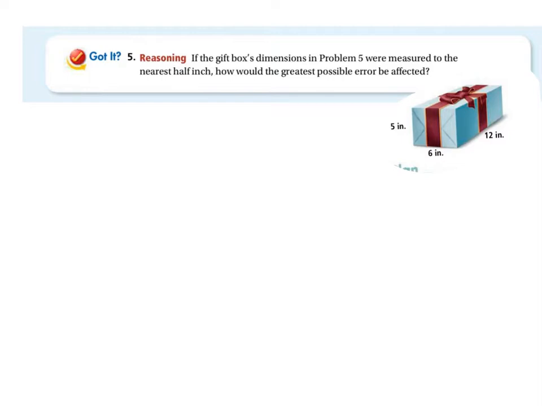And so the answer would be that our greatest possible error would be lower, because if it was to the nearest half inch, the most we could be off on each measurement would be 1/4 of an inch. And so we should be closer to the actual measurement, and so our greatest possible error would be lower.